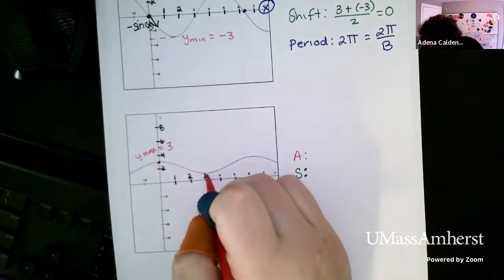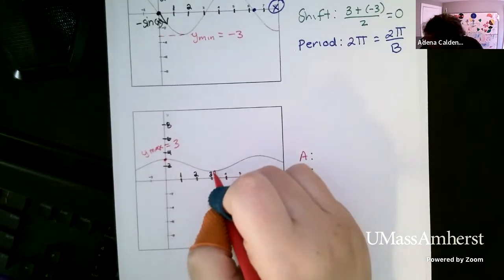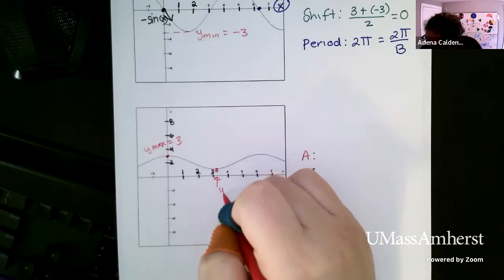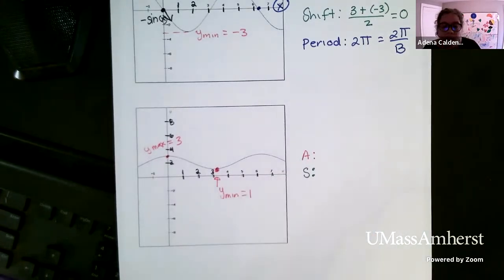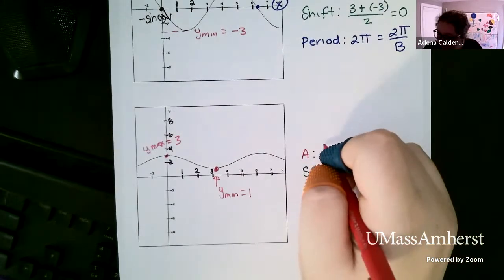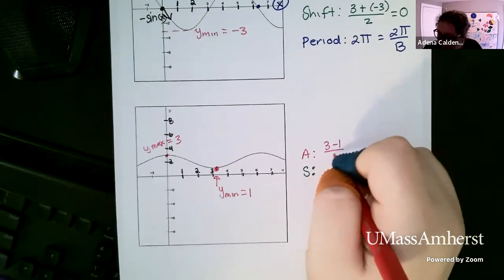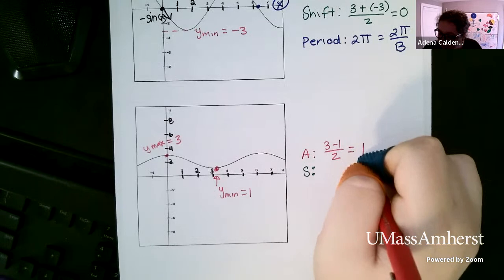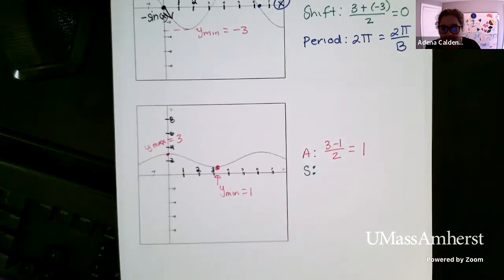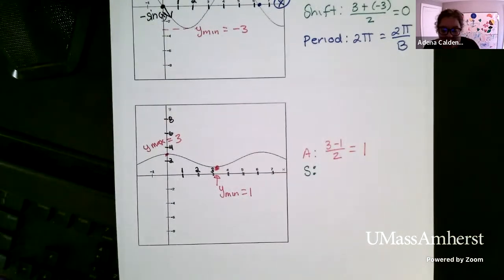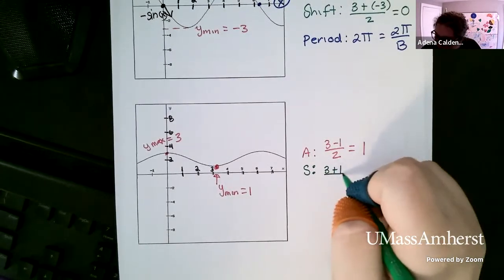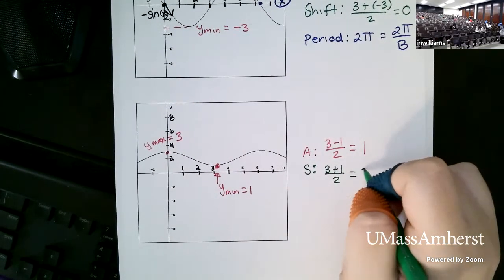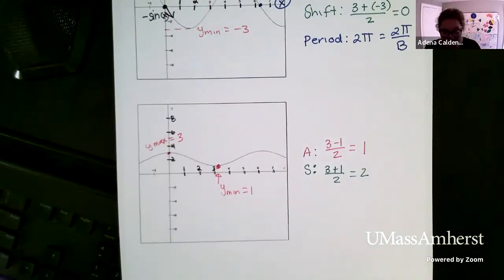And it looks like my y min is going to be 1. Okay, so for the amplitude, I'm doing 3 minus 1 divided by 2, which gives me an amplitude of 1. And for my shift, I'm doing 3 plus 1 divided by 2, which gives me 2.